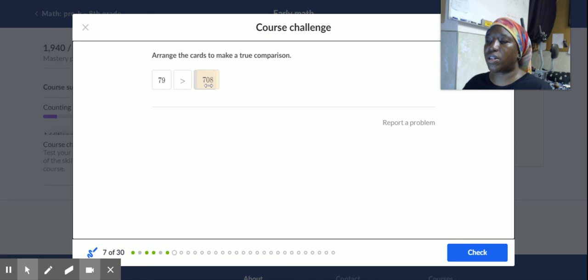Okay, so remember I taught you that sign right there reads greater than. So what it says is 79 is greater than 708.